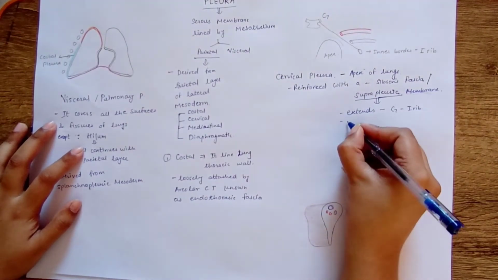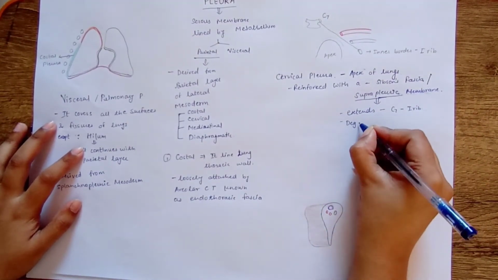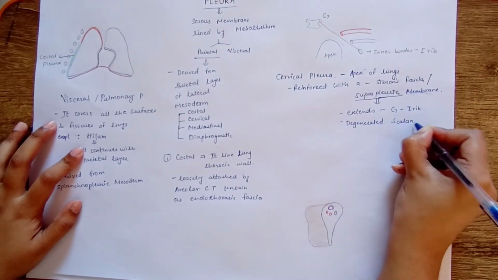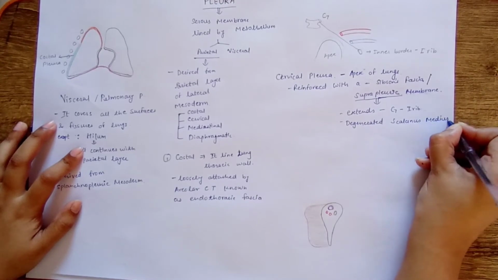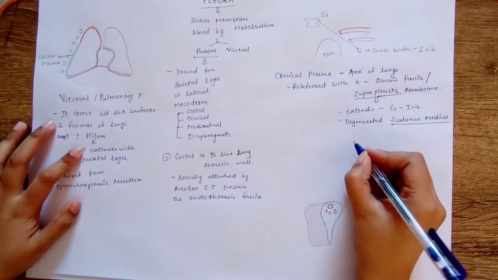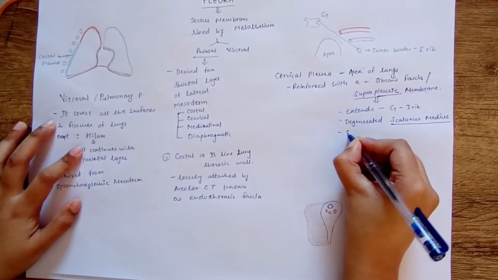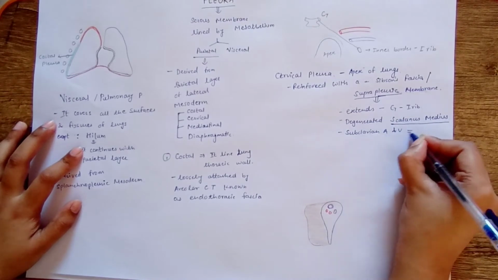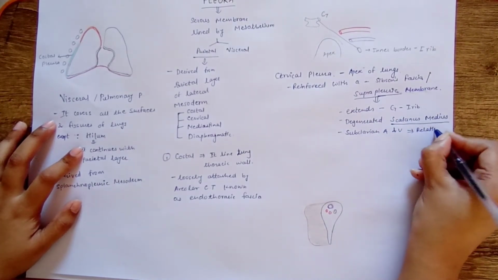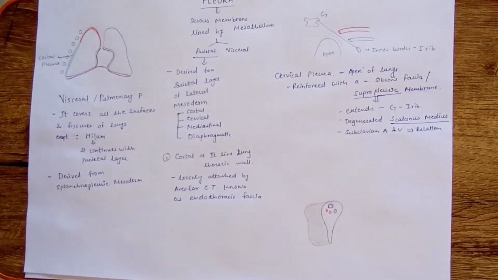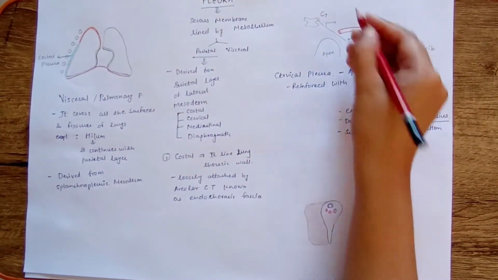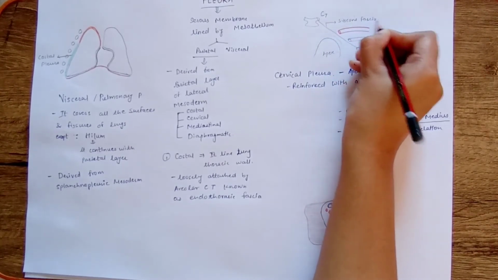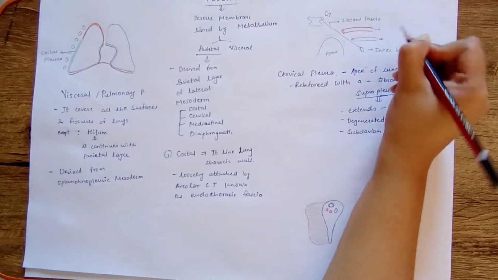It is nothing but the degenerated scalenus medius muscle, and it is related to the subclavian artery and vein. This is the subclavian artery and subclavian vein.